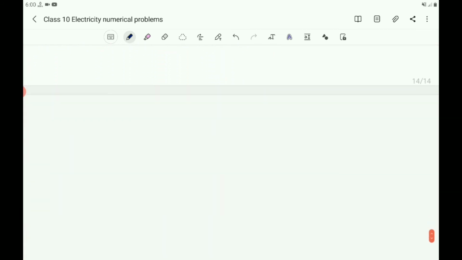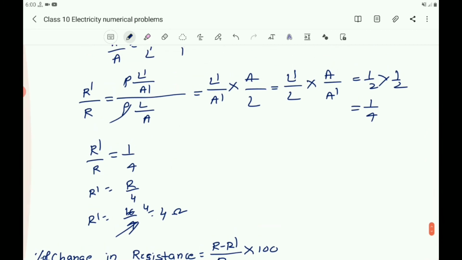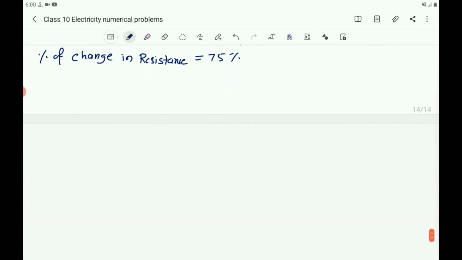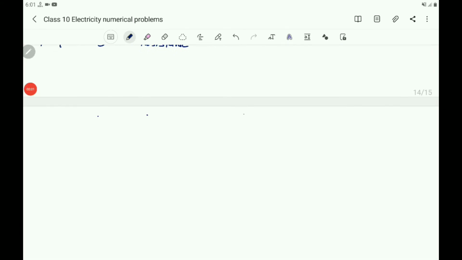Next, let us take the 7th question. A silver wire has a diameter of 0.4 mm.